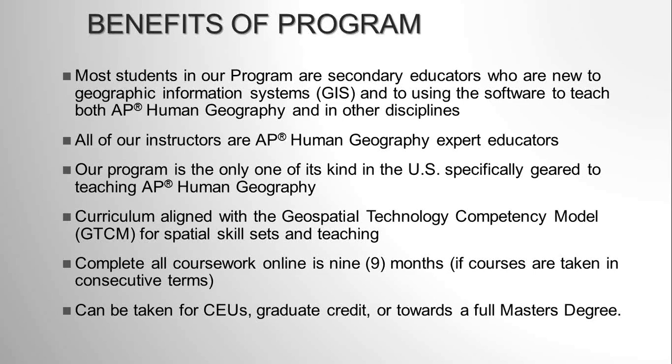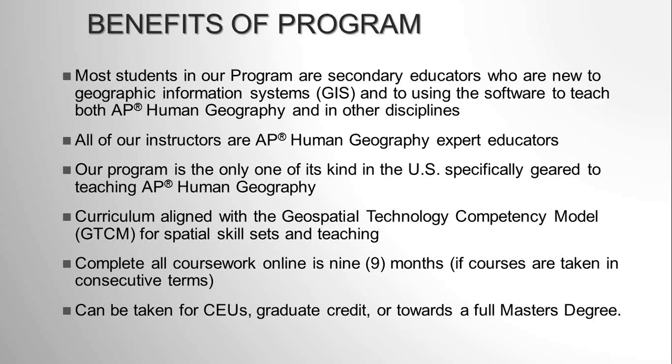Now in our program, all the coursework, of course, is online. The graduate certificate program can be completed in 9 months if all the courses are taken in consecutive terms. That's true also for the not-for-credit courses. All 5 courses can be completed certainly within less than a year. It's about a 2-year effort for the full master's program after taking the initial 4 courses in the AP Human Geography and followed up with the 6 courses in the Applied Geospatial Sciences graduate program.